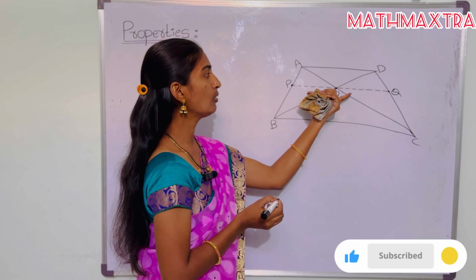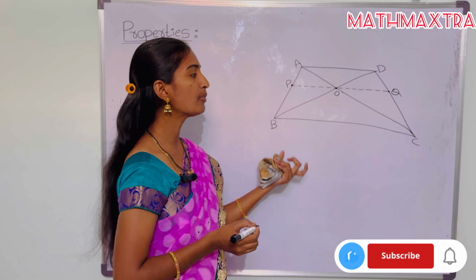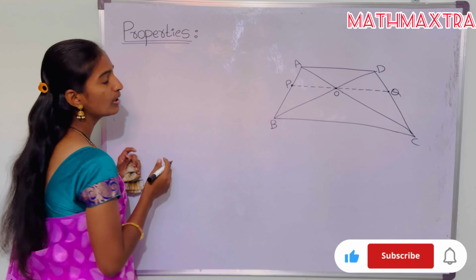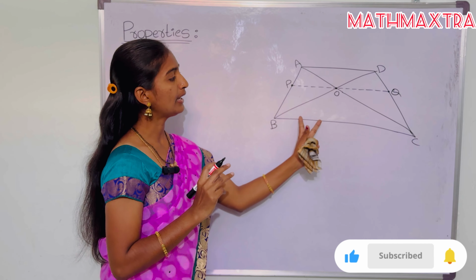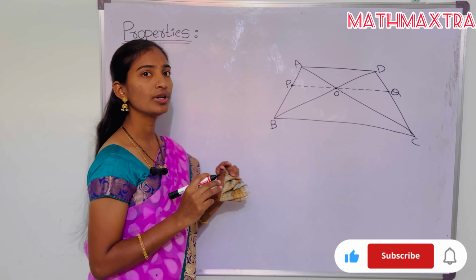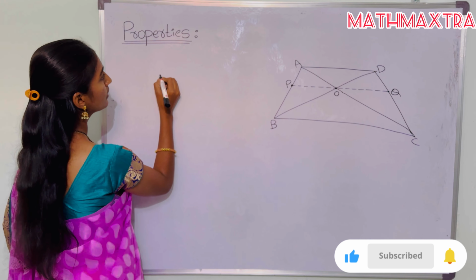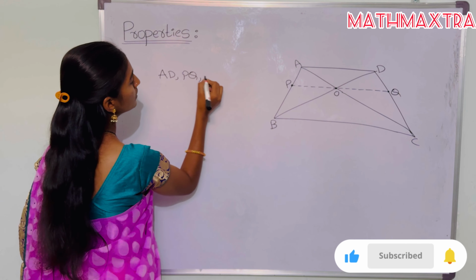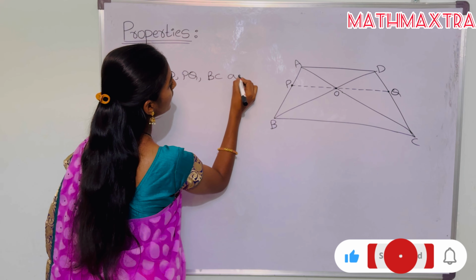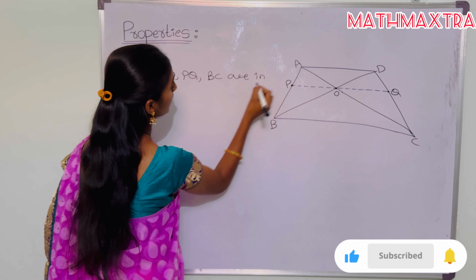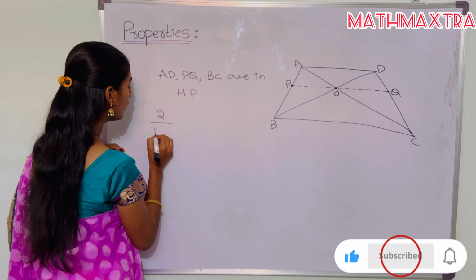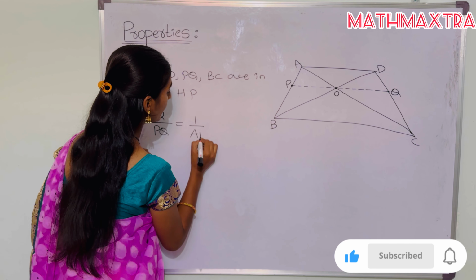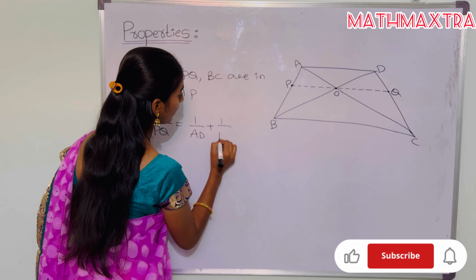So this PQ line segment is always the harmonic mean of BC and AD. How can we say that AD, PQ, BC are in harmonic progression? 2 by PQ is always equal to 1 by AD plus 1 by BC.